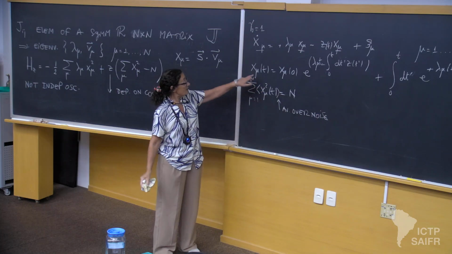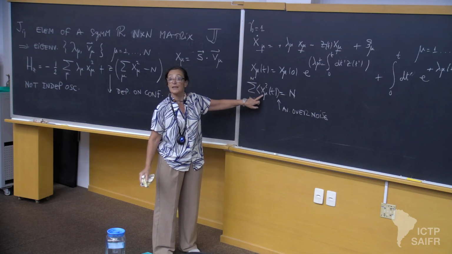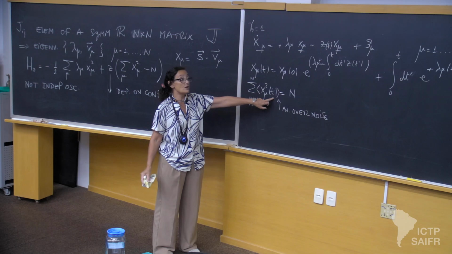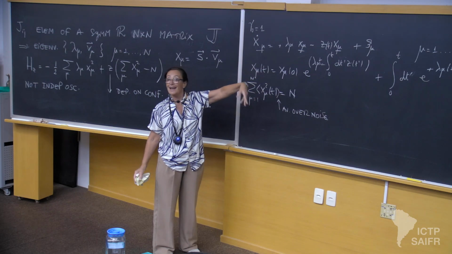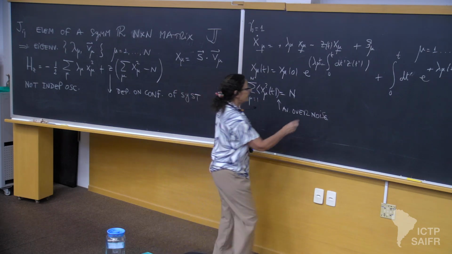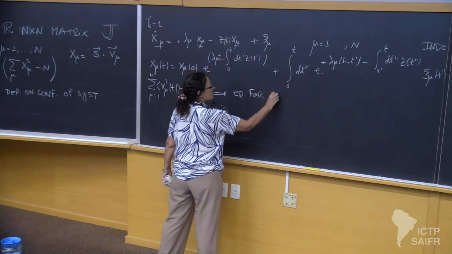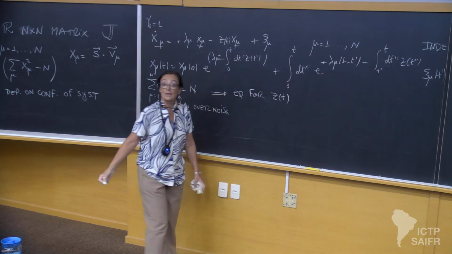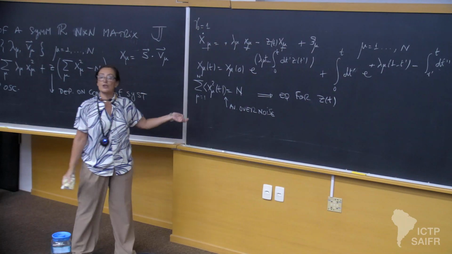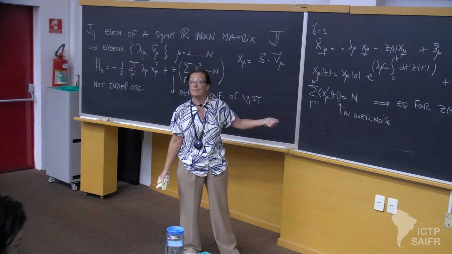And what you have to do is you have to plug in this solution here, average over the noise. The noise will be cancellations and so on and so forth. In the end, you get an equation for z of t. It's not a very simple equation, but it's not an impossible equation either.